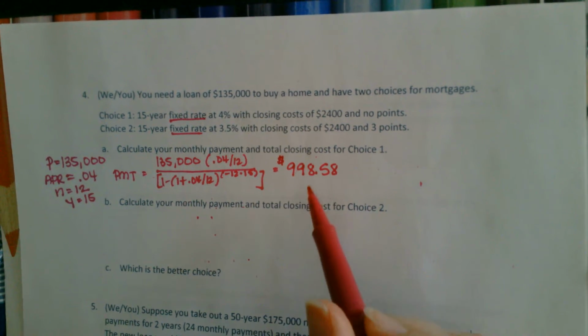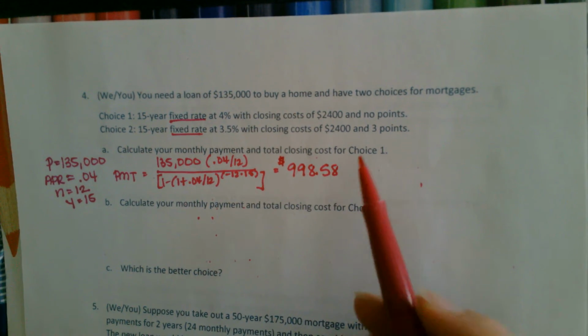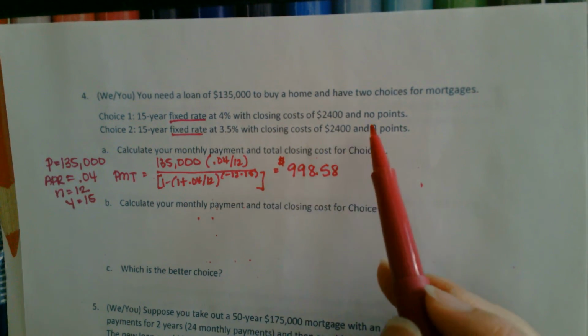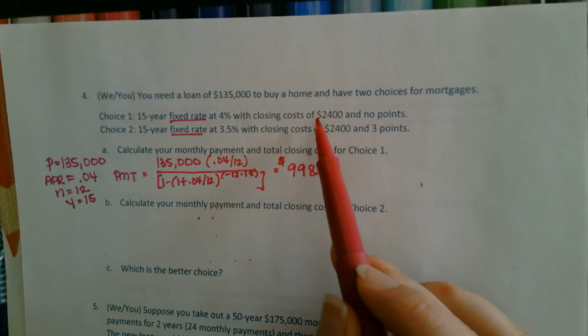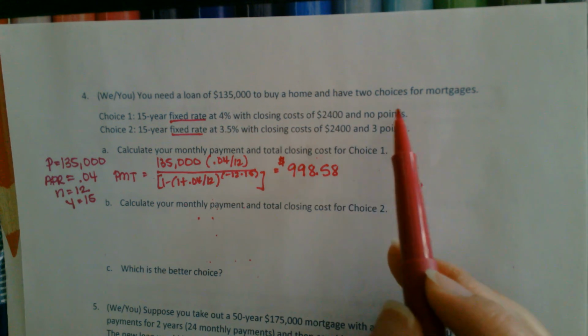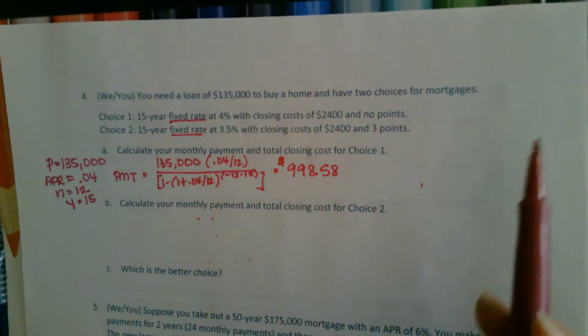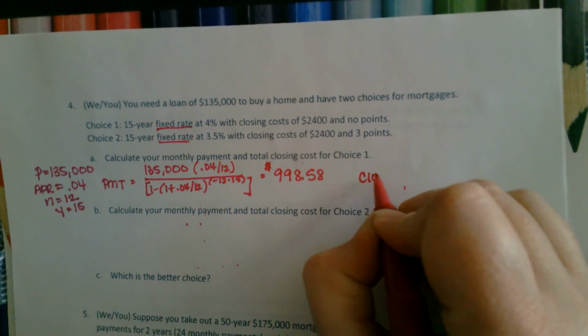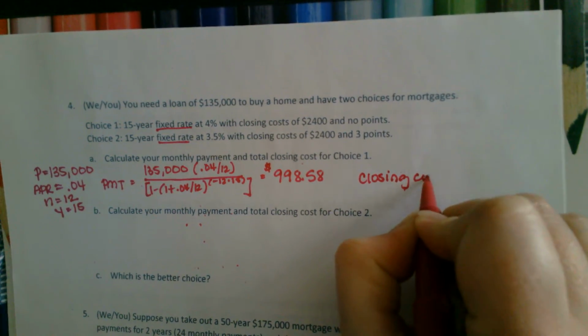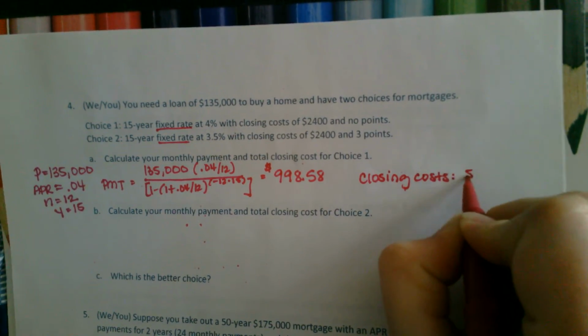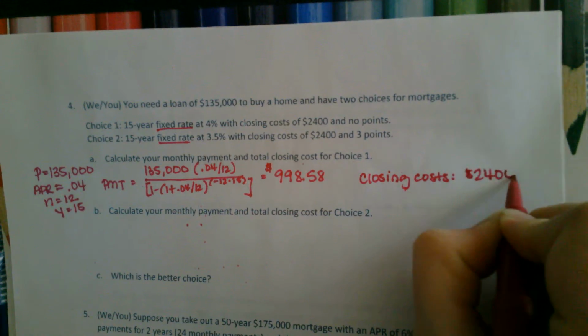Okay, so a monthly payment is $998.58. The closing cost, you have a set amount, and then points would be a percentage of your loan amount. So in this case, there are no points. So all we have is a $2,400 flat fee.